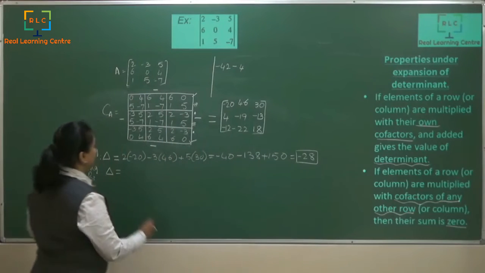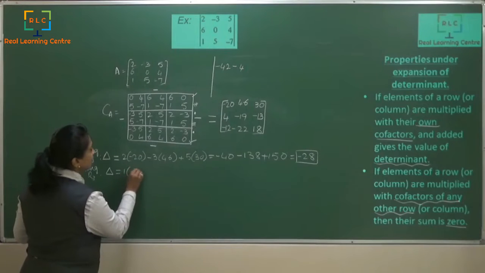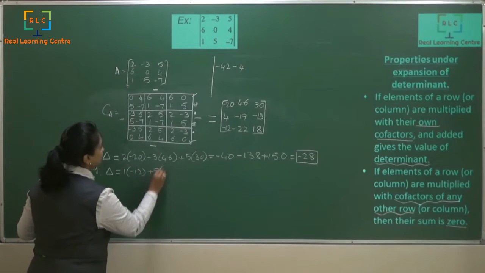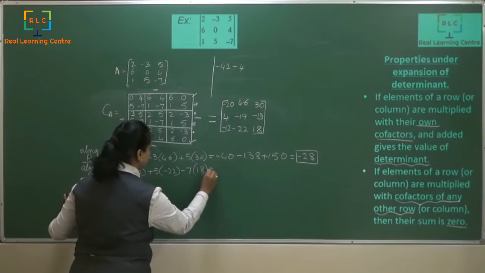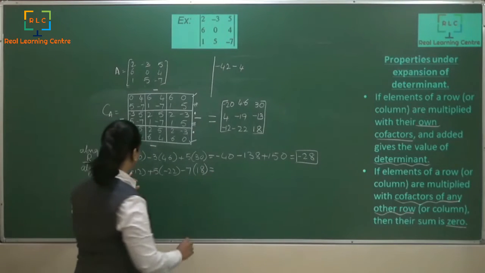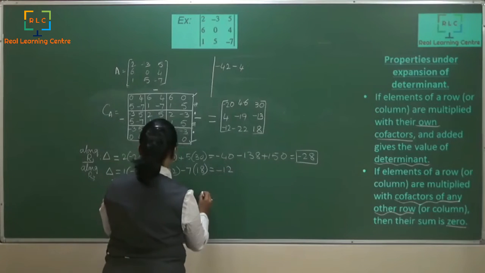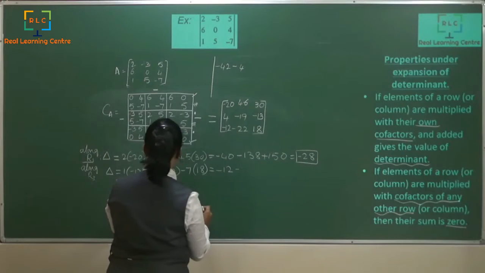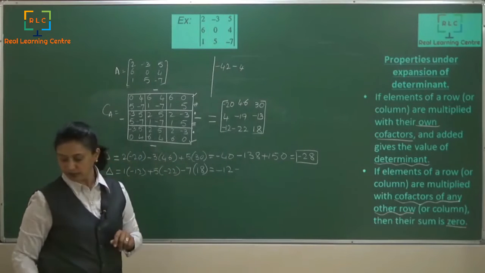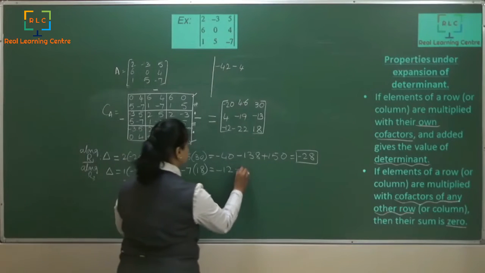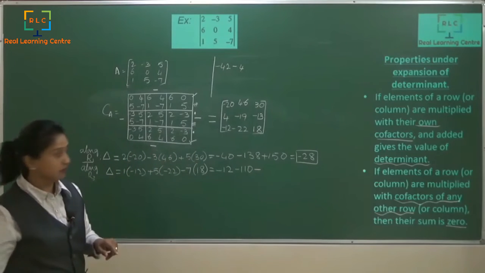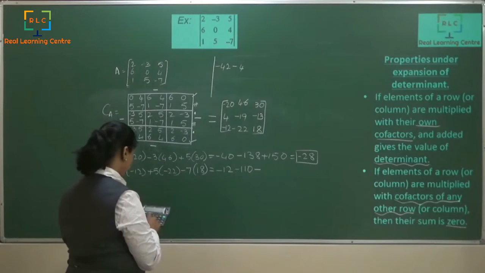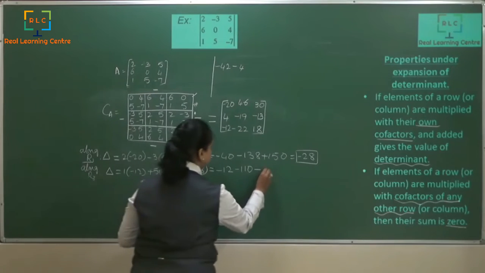So let me take, you have is equal to 1 into minus 12 plus 5 into minus 22 minus 7 into 18 is equal to, so this will be minus 12, then minus 5 2s are 10, minus 110, minus, I guess something has gone wrong, 7 into 18 is equal to 126.